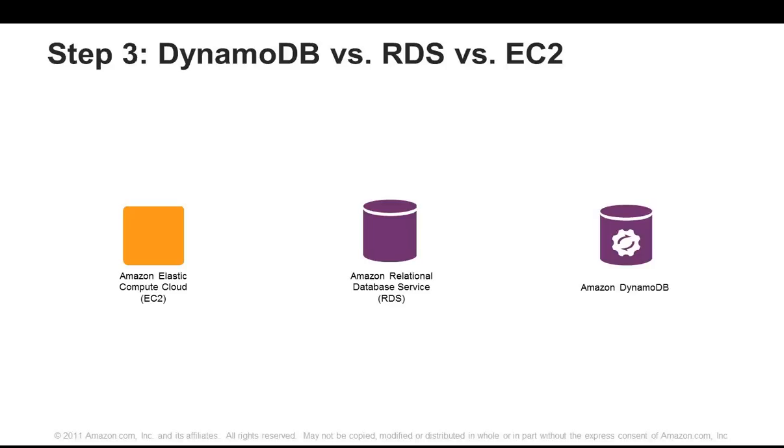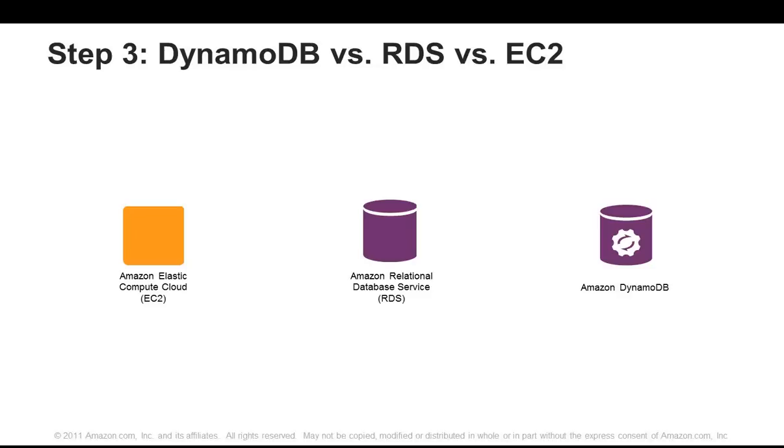Amazon DynamoDB is our fully managed NoSQL database that can handle any level of read and write traffic. It can handle writes and reads with single millisecond latency, and it's very consistent. Also, it really requires no administration. We already covered Amazon RDS, but if you would like to run a different database technology, or if you would prefer to manage the database yourself, then you'd be using Amazon EC2.